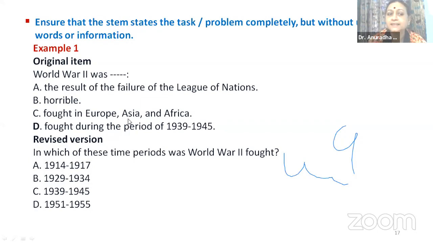Now, what is it that the test designer wants the student to know? He wants the student to know when the war was fought. Then what are these options? They're quite useless. For example, an option like World War II was horrible. Why would you penalize me as a student if I say that yes, World War II was horrible? It was horrible.